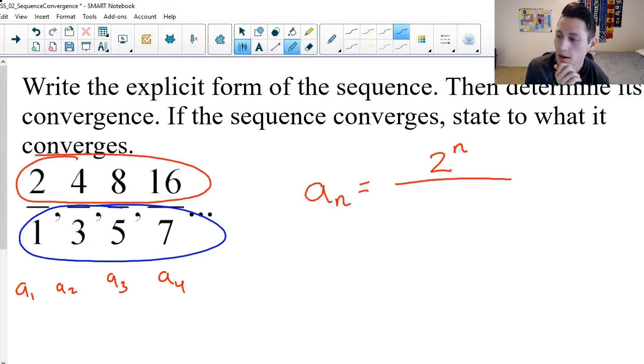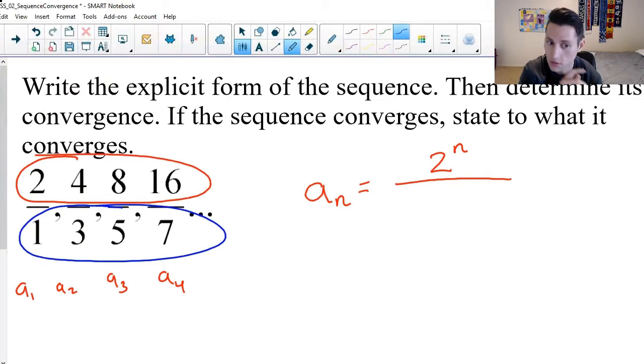For odd numbers, for example, 1, I can think about as 2 times 1 minus 1. Or 3, I can think about as 2 times 2 minus 1. Or 5, I can think about as 2 times 3 minus 1.